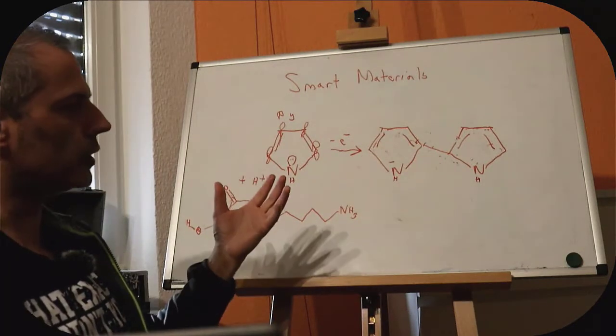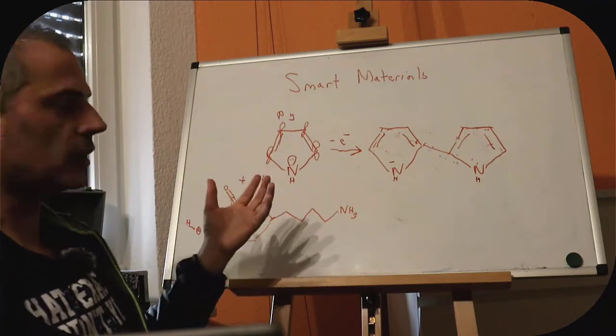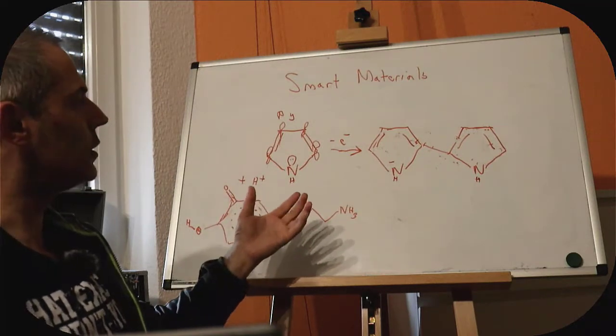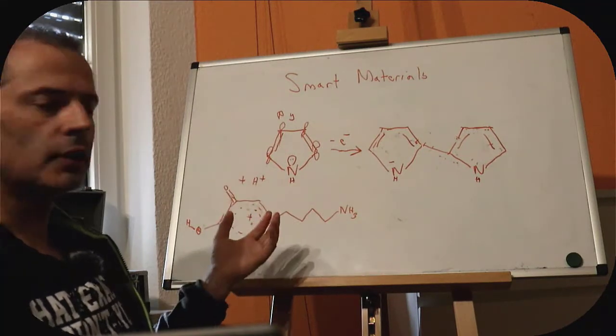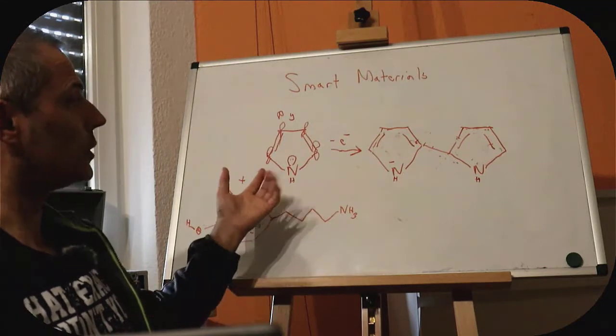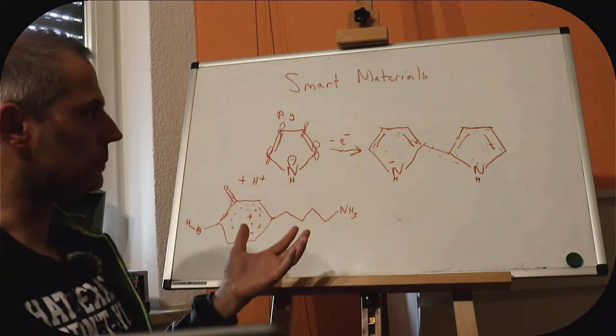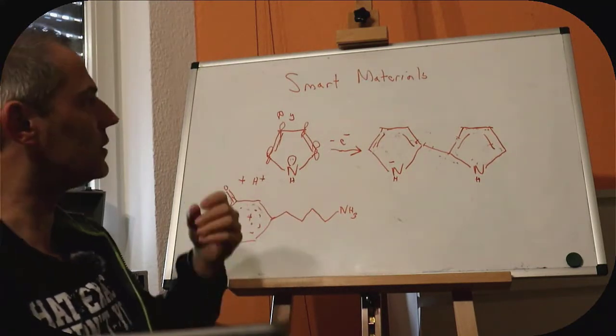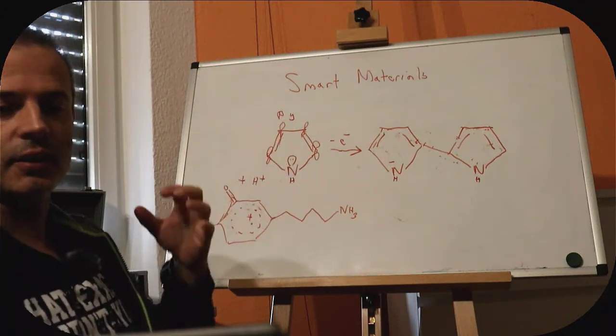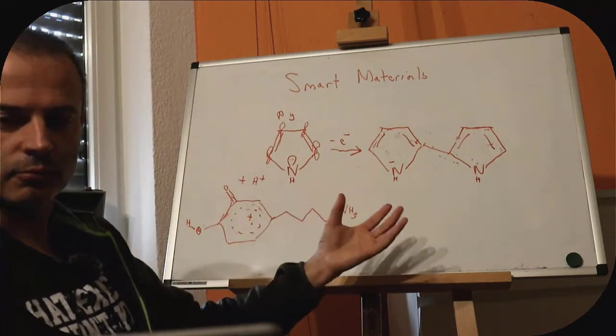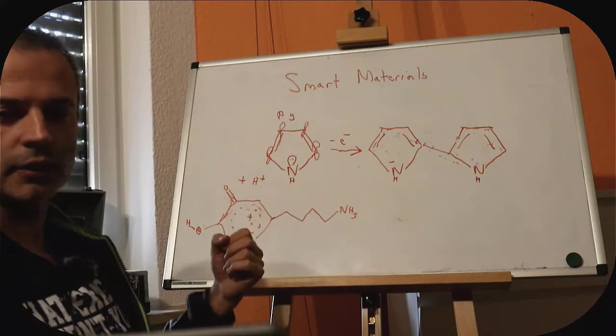We can do that with iron as an oxidizing agent. We can also do it with oxygen. It happens on its own, and we can also do it with electrochemistry. Why is it a smart material? If it sees an oxidizing environment, it will change its properties.